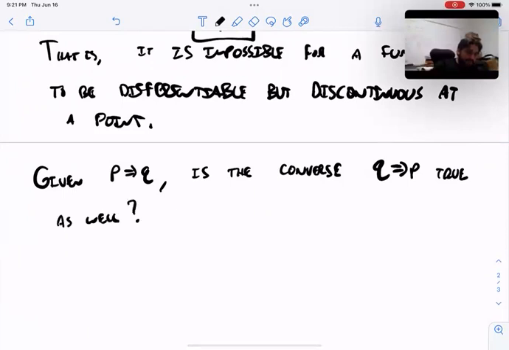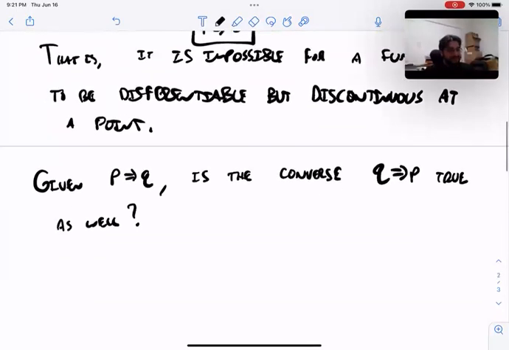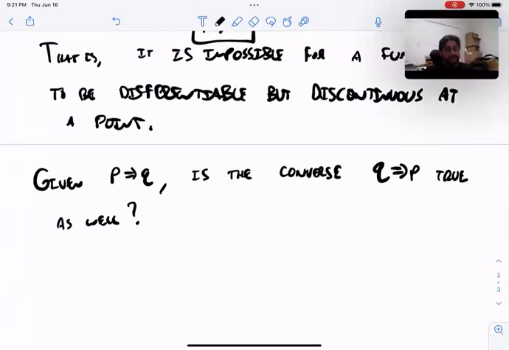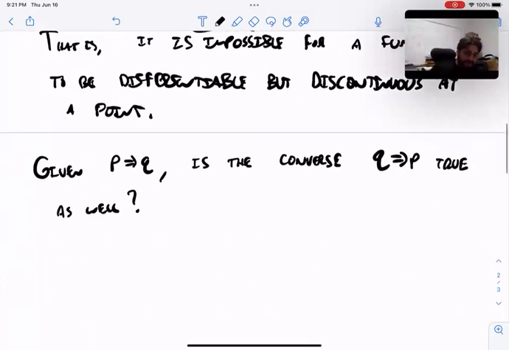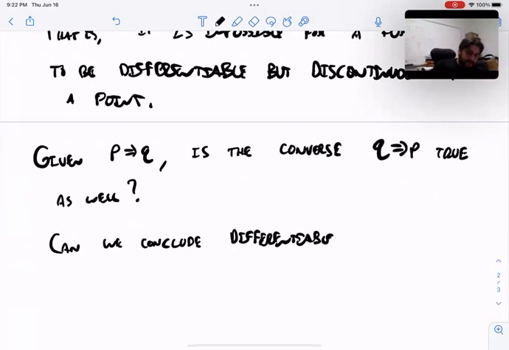So we have P implies Q. We know that's true by the cute fill-in-the-blank proof in my textbook. It's a great question to ask: what about the converse? Is Q implies P true? What would we be asking here? We would be asking, can we conclude differentiability, condition P, from continuity, condition Q?